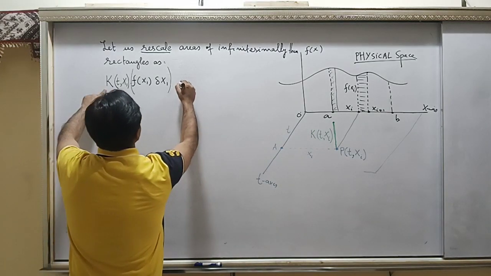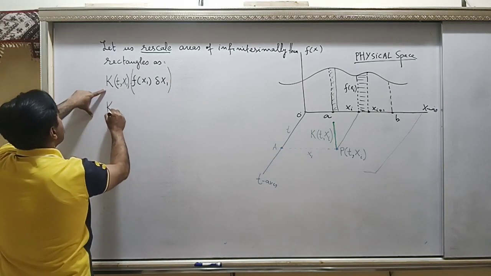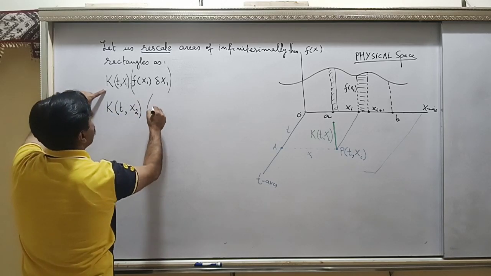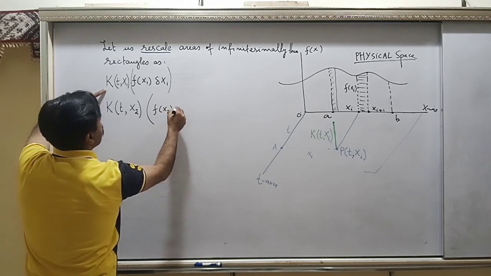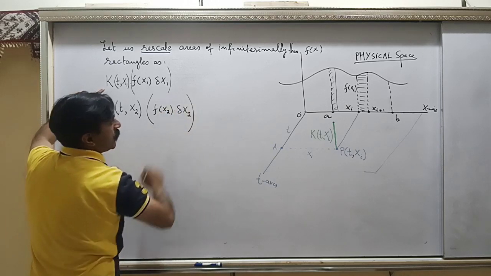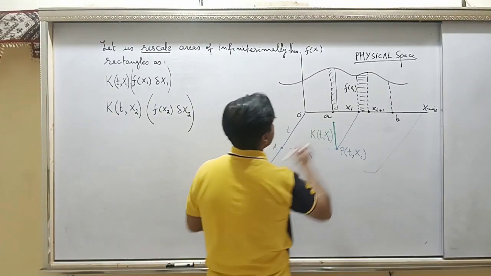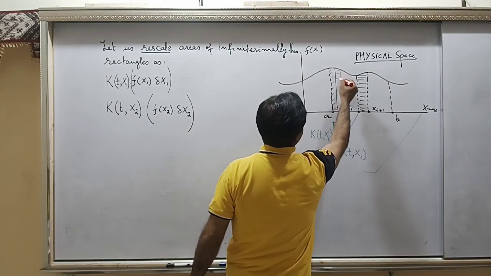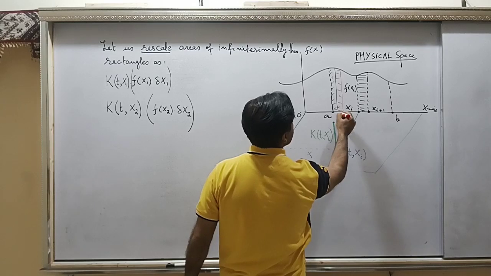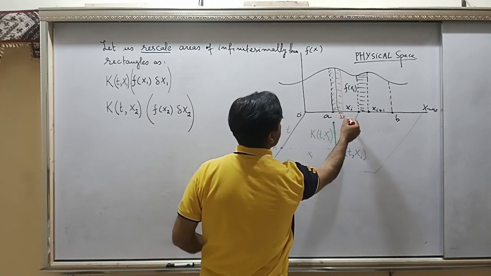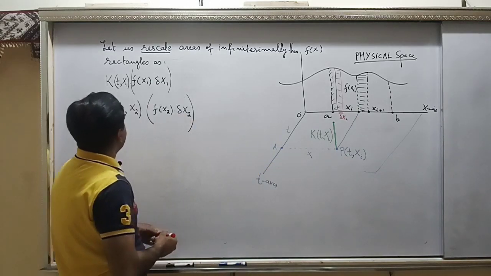And then this is k tx2 into fx2 delta x2. This is the area of the second rectangle, this red rectangle, right? For example, for which this width is delta x2, right?